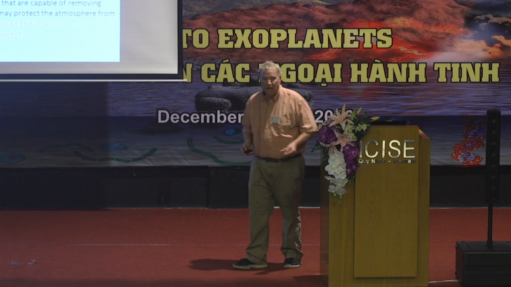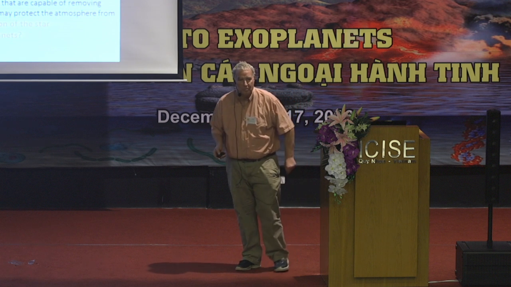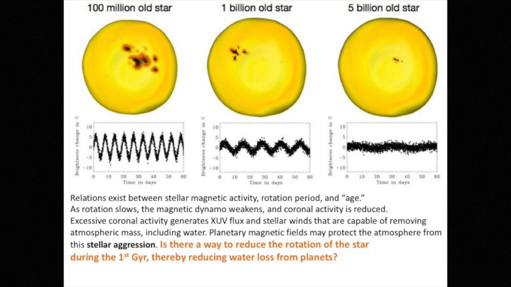As was spoken about before, I'll just briefly mention that stars are often formed with rapid rotations. They evolve to rotate slower due to magnetic braking. The activity on the star is closely related to the environment that the planet will experience.